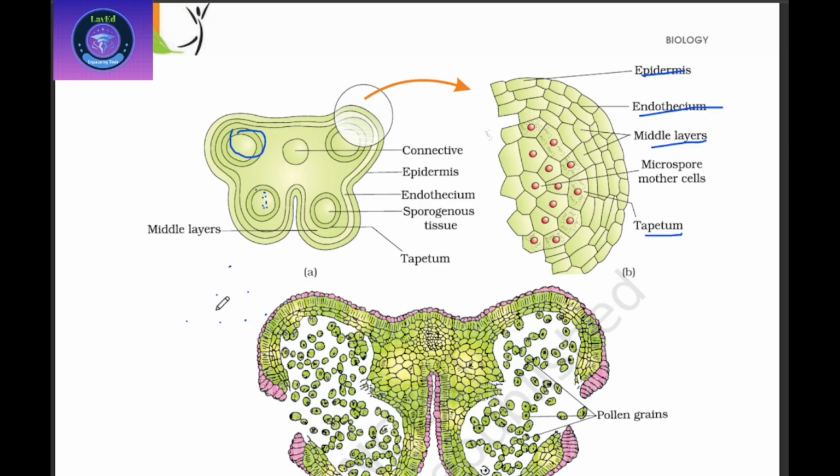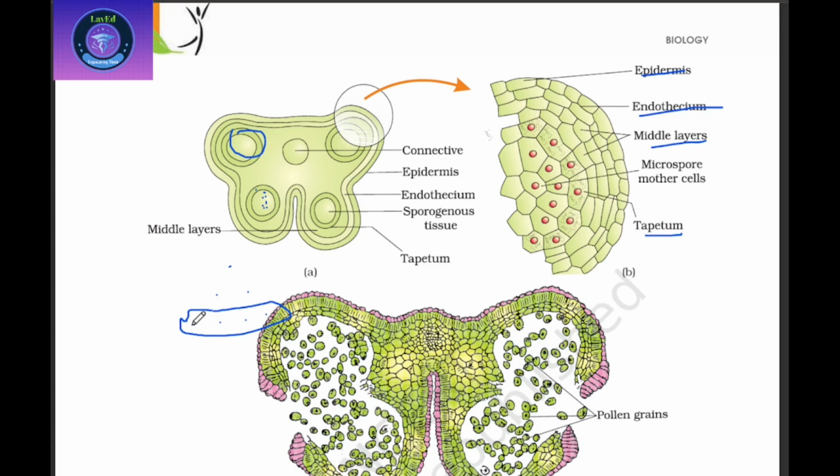This is the final progeny that a single pollen mother cell can create, so it is also called a microspore tetrad. Is the concept clear? I know the drawing is bad because my handwriting is not that good, but I also have certain limitations in online mode.